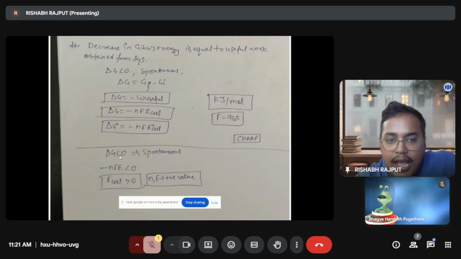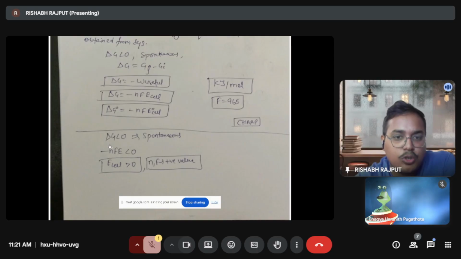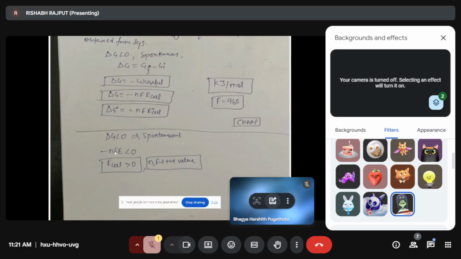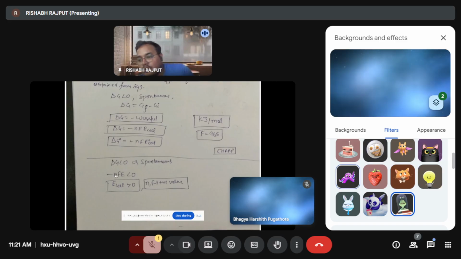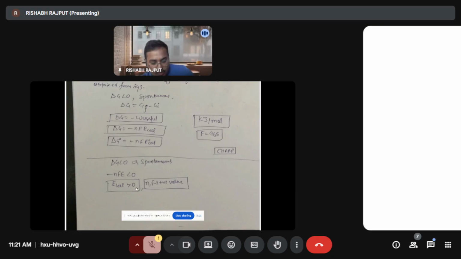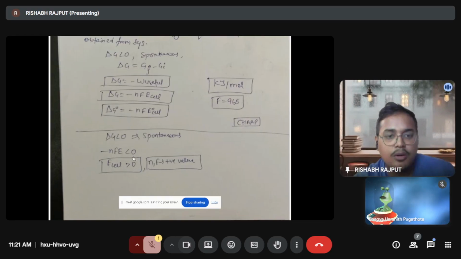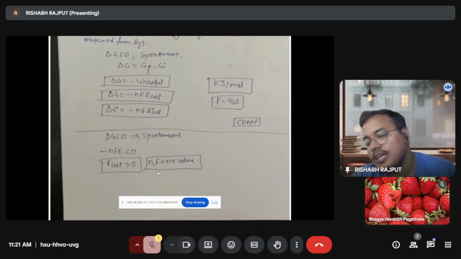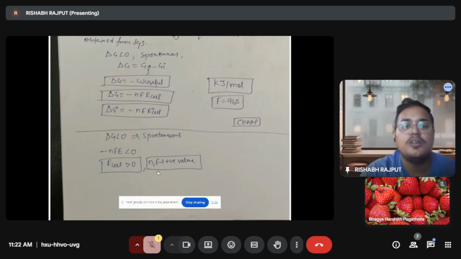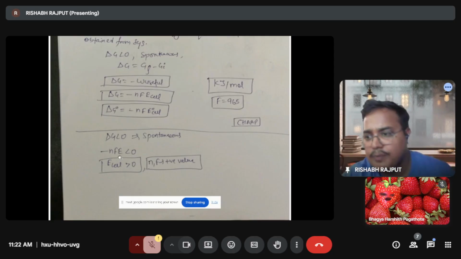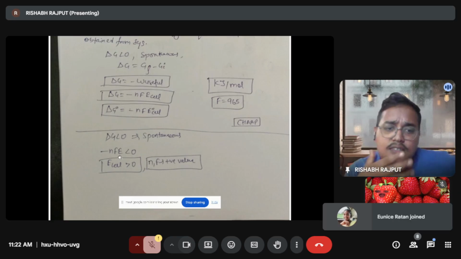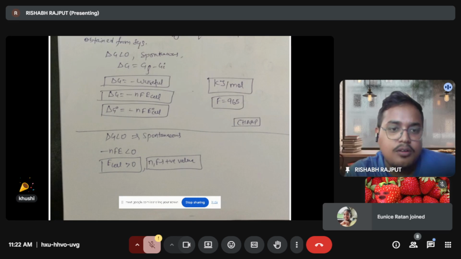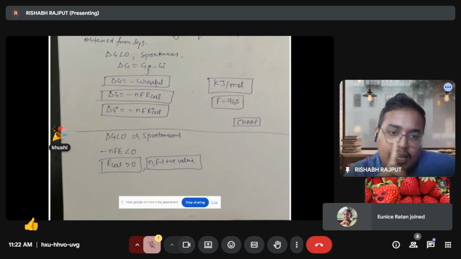Delta G less than 0 is a spontaneous process. So minus nF into E less than 0. n is the number of electrons, and the number of electrons is always positive. F is a constant value, 96500. So n and F are both positive, and only E cell is left.